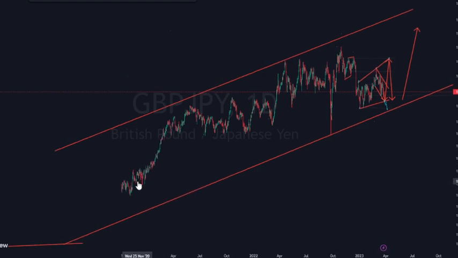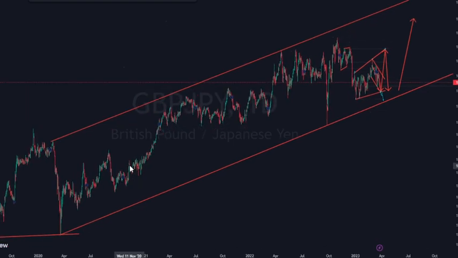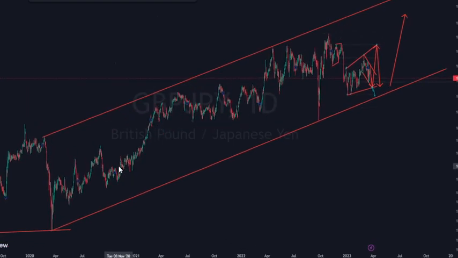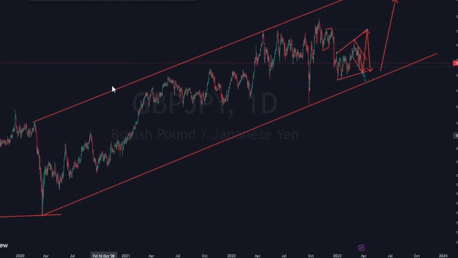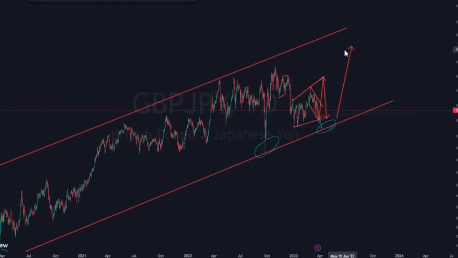See, ladies and gentlemen, these patterns all play out the same, just that sometimes they're on a bigger time frame, sometimes a lower time frame, but they're the same. You have your first touch, your second touch, and that third touch that we're going to be looking for on the lower time frames, on the H1 time frames, to enter, and then the buys.